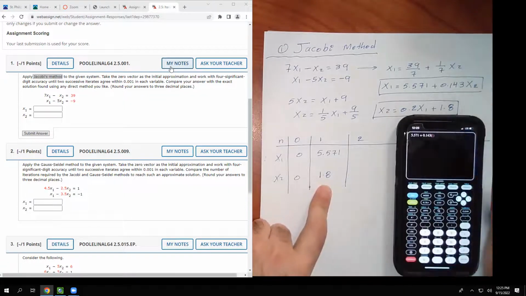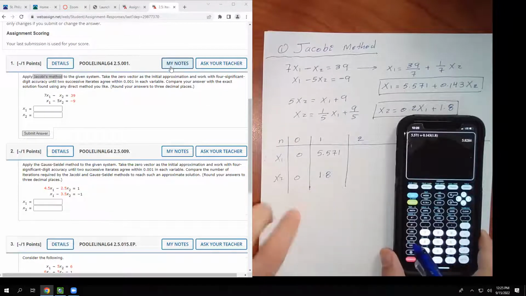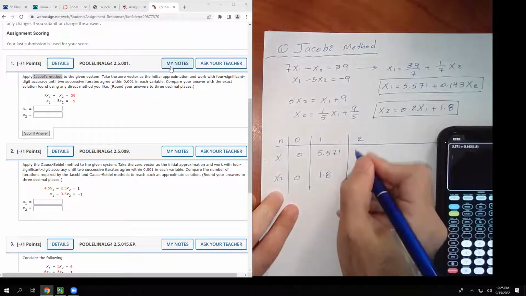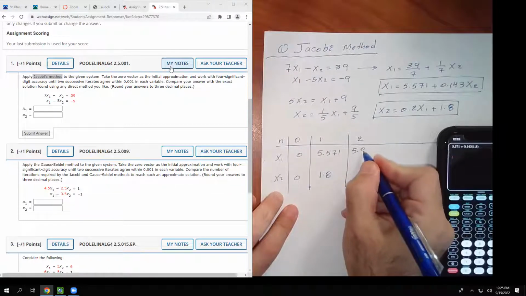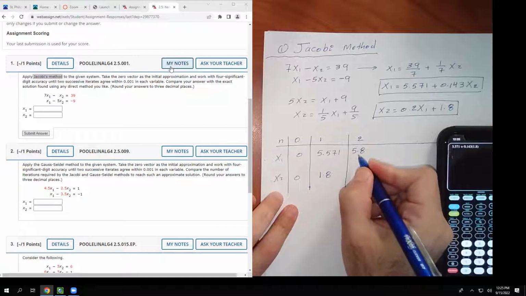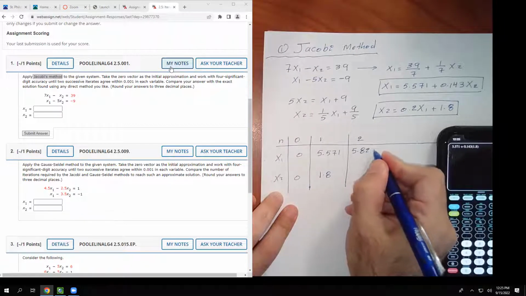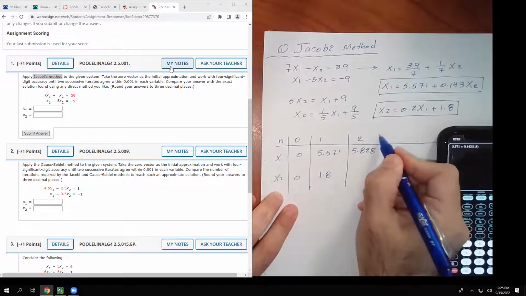I'm going to plug in x2 here, so 1.8. Close the parentheses. The result is going to be 5.8288. This is the second iteration.